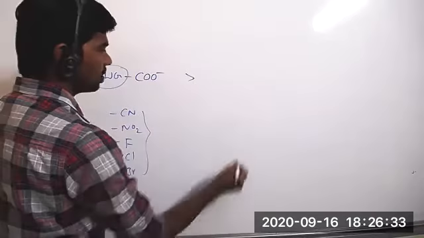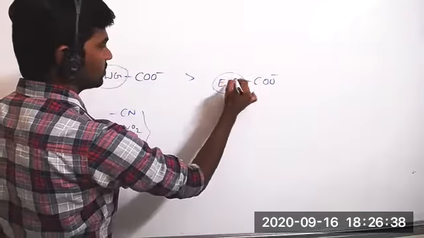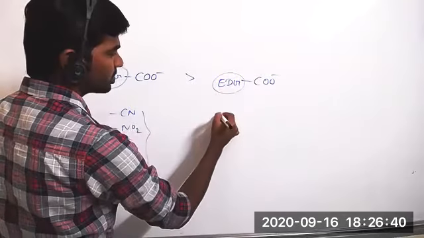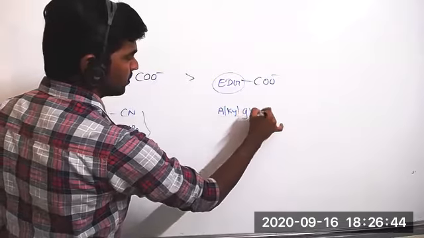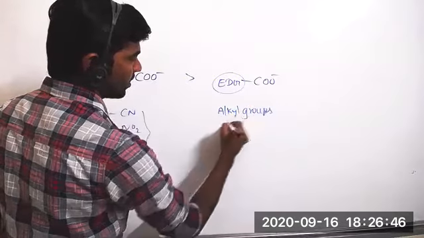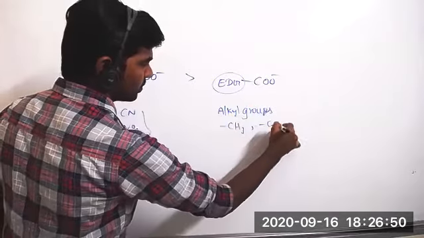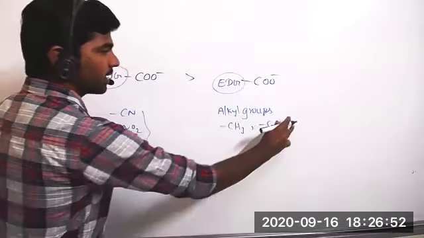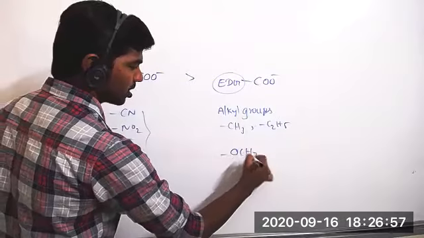Then electron donor groups are mostly alkyl groups like methyl, ethyl, isopropyl, any alkyl chain, or alkoxy groups.